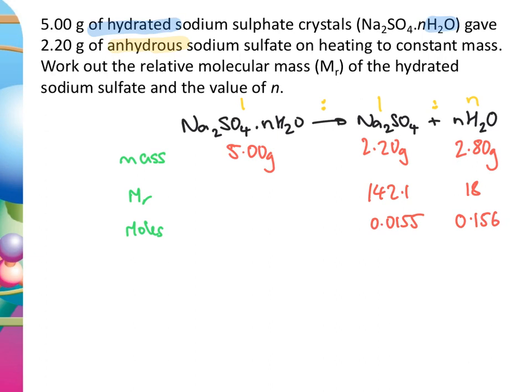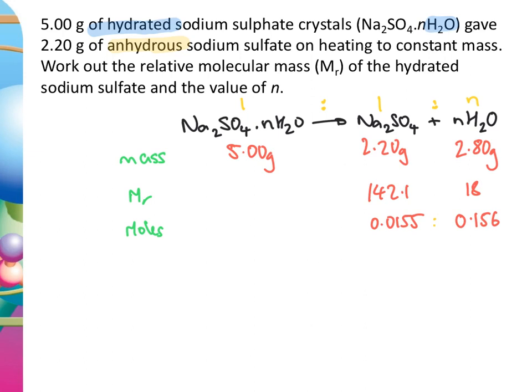And so these are also now ratios. So our ratio of sodium sulphate, anhydrous sodium sulphate, to water is 0.0155 to 0.156. We need these to be whole numbers or integers, so we're going to divide through by the smallest number, and the smallest number is 0.0155.